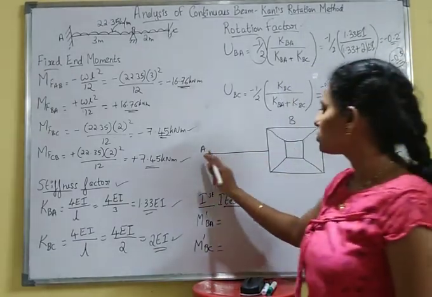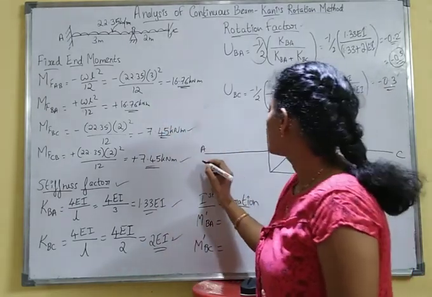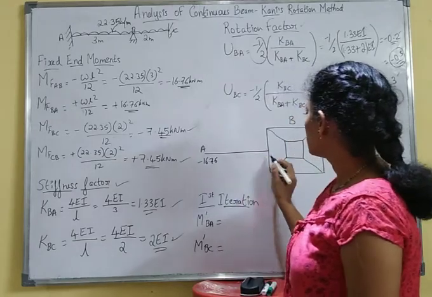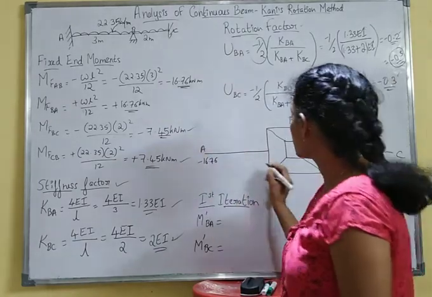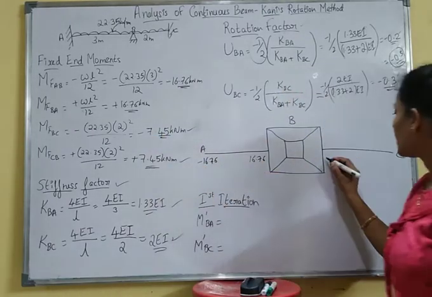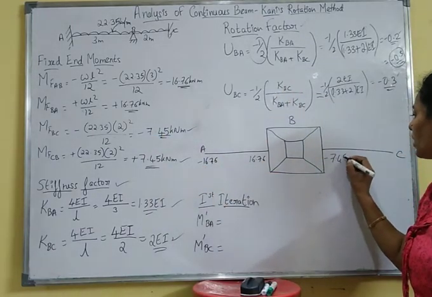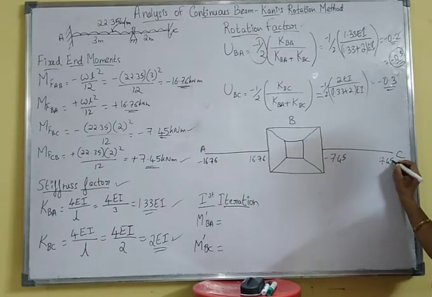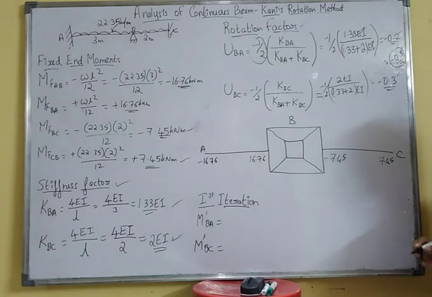AB fixed end moment is minus 16.76 and BA fixed end moment is plus 16.76. BC is minus 7.45 and CB is plus 7.45. These are the fixed end moments you are going to write.